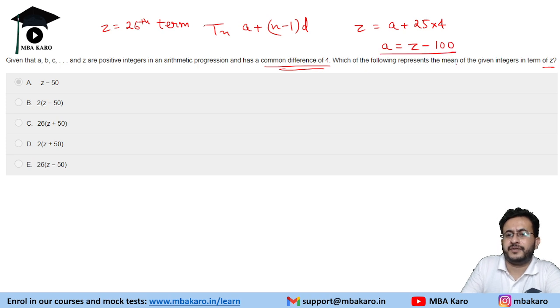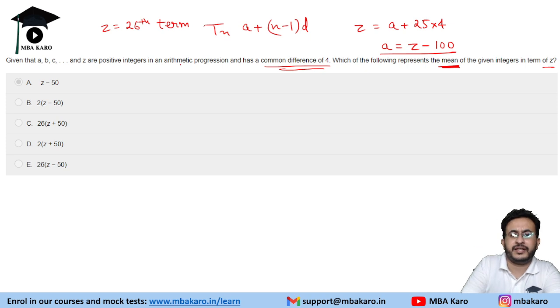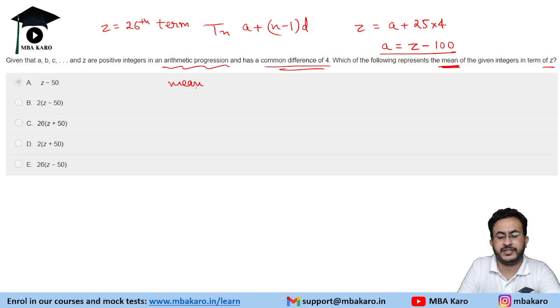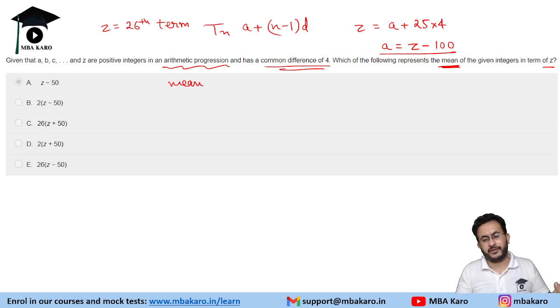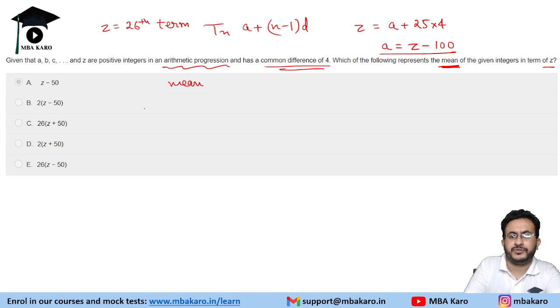Now whenever we have to find the mean of the values, either you find the sum and divide by the number of terms, or in an arithmetic progression, the mean is always the mean of the extreme terms. The sum is n by 2 into a plus l, and the number of terms is n.